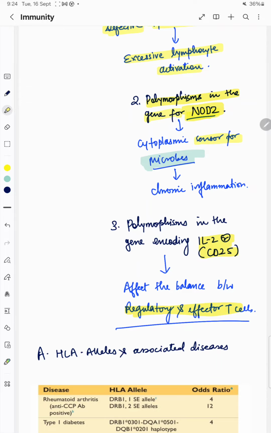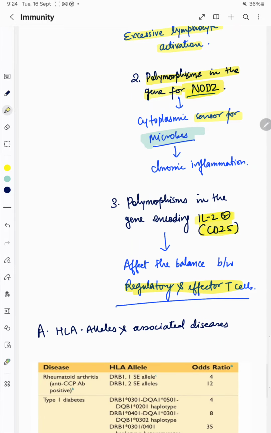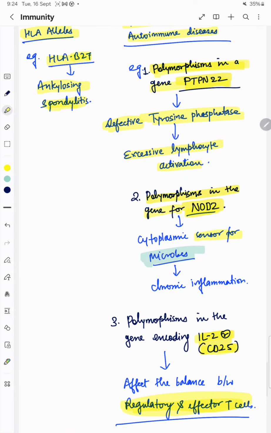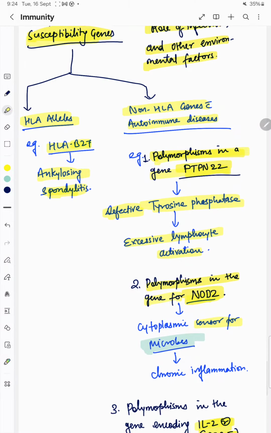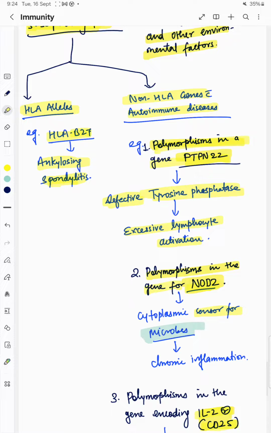Polymorphism in the gene encoding interleukin 2 receptor or CD25 affects the balance between regulatory and effector T cells. So these are some examples of genes that are involved in autoimmunity.